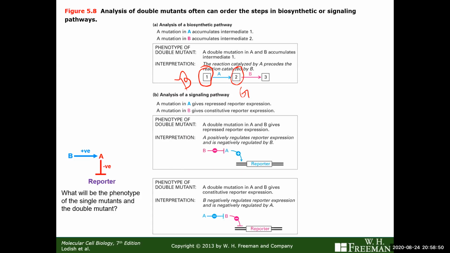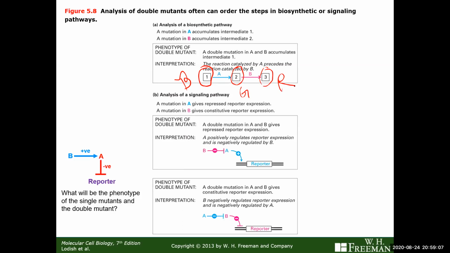And 3 is the product of the action of enzyme B on the green colored product, and the product is red in color. These are made up, okay? Don't take it too seriously. These are made up, but it will help us understand the concept.